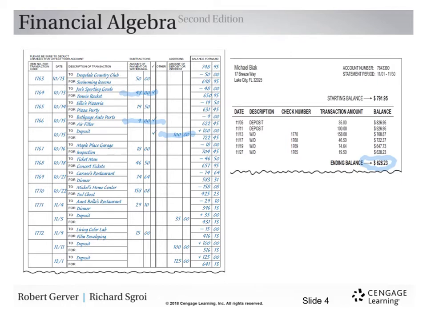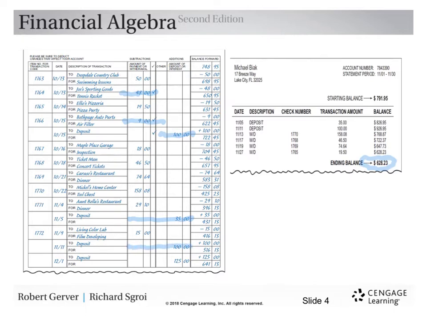So we can ignore those. Now we're going to look at what's on the bank statement and see what else we can ignore. Well, notice we've got two deposits here. We have a deposit of $35, which is down here, so we can ignore that. We have another deposit of $100, which is down here, so I can ignore that.